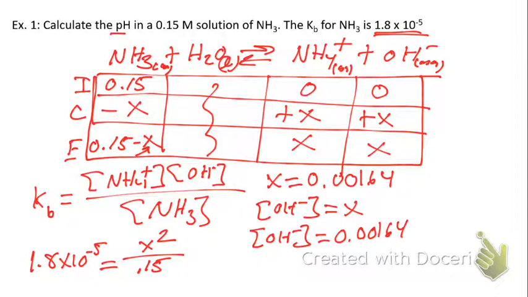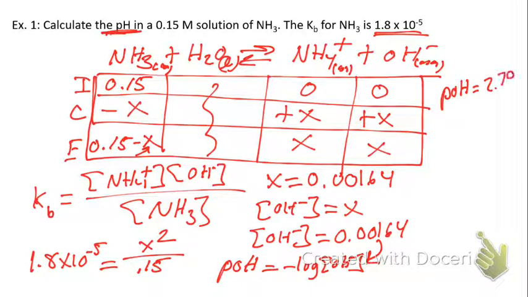Now, how can we use the OH- concentration to find the pH, which is our ultimate goal? We remember that the pOH is equal to the negative log of the OH- concentration. If we plug in our concentration, we get a pOH of essentially 2.79. Then we learned a nifty relationship: pH plus pOH equals 14.